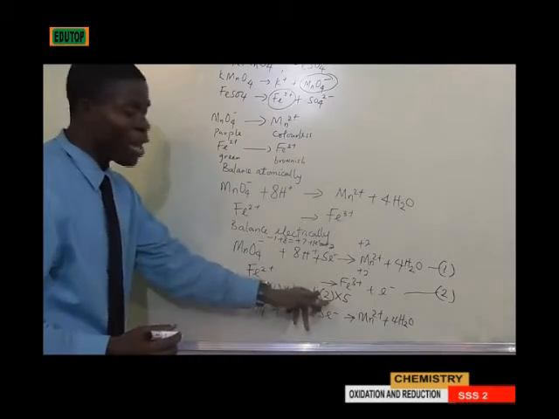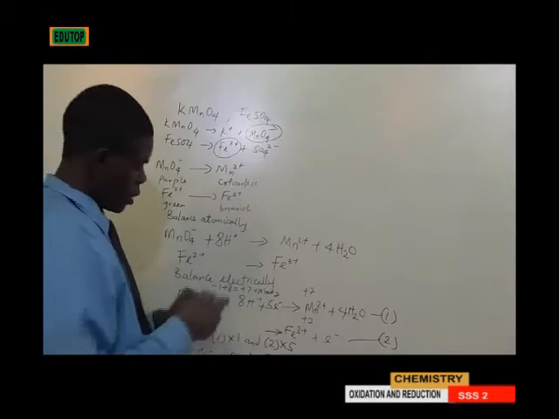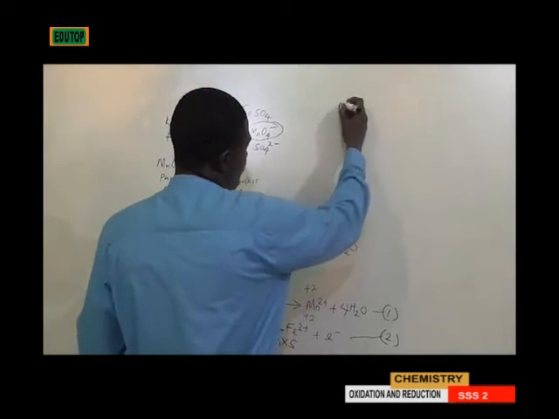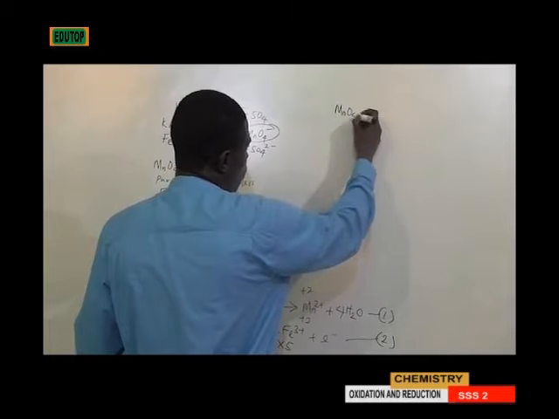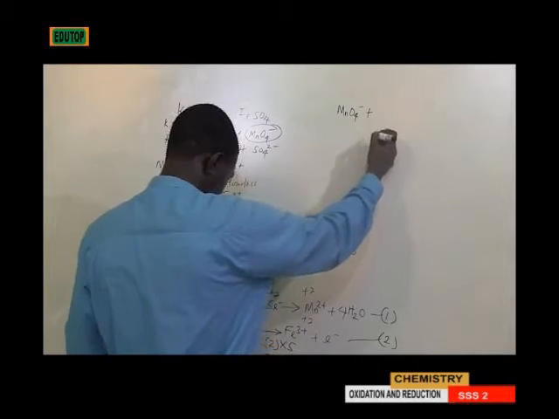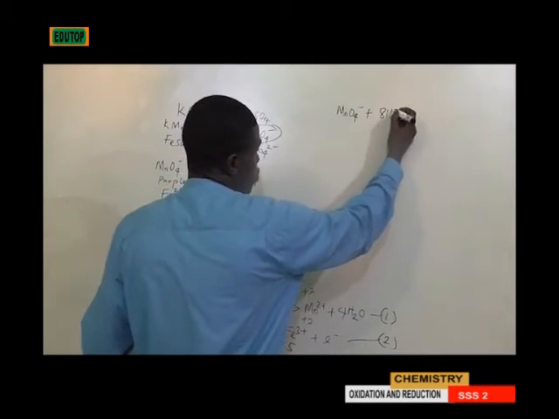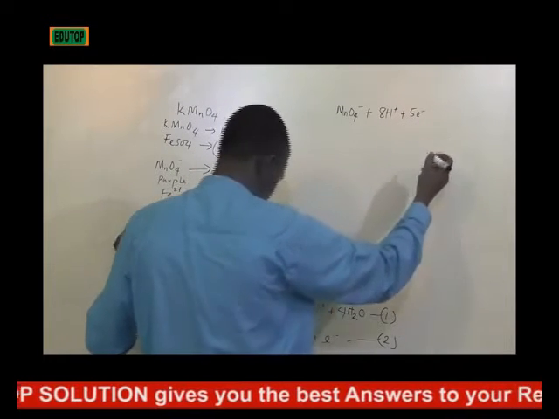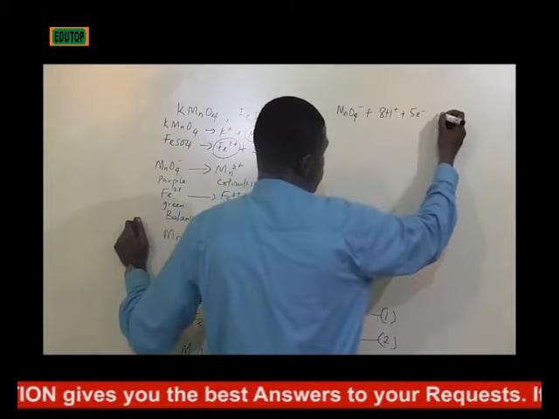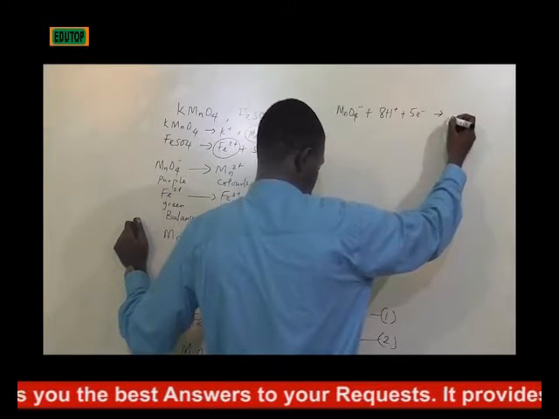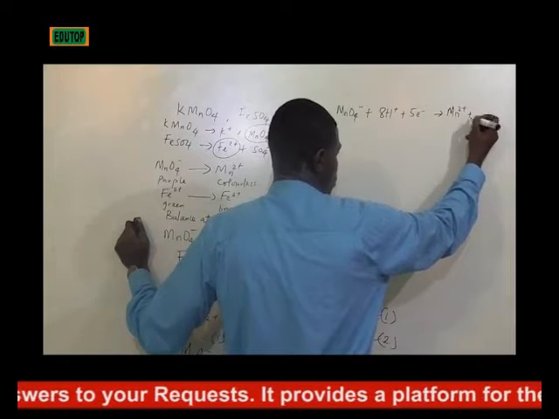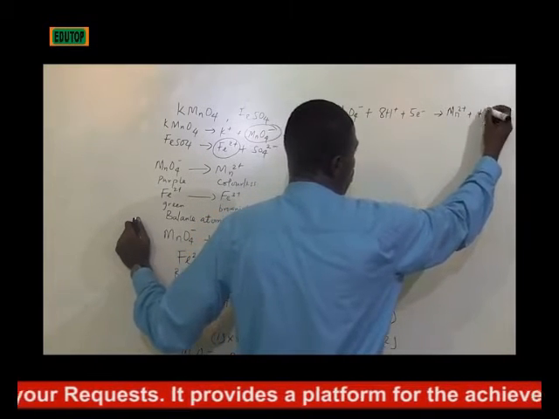Then when we multiply equation 2, now from what we have here, we have MnO4- plus 8 protons plus 5 electrons to give you Mn2+ plus 4 waters.